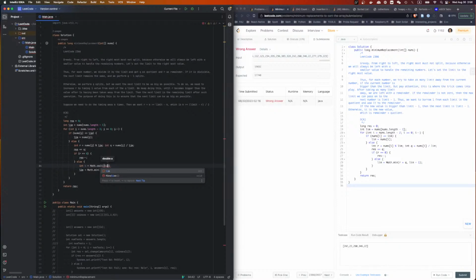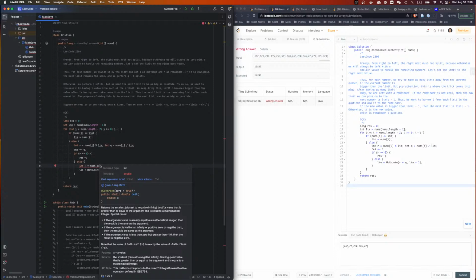Lim minus r over 2.0. Does this one work? It's a double. Wait, what? The ceiling does not return an int.